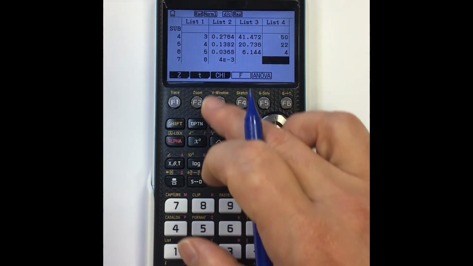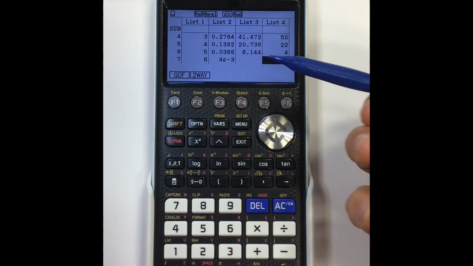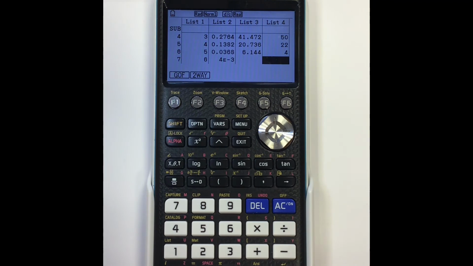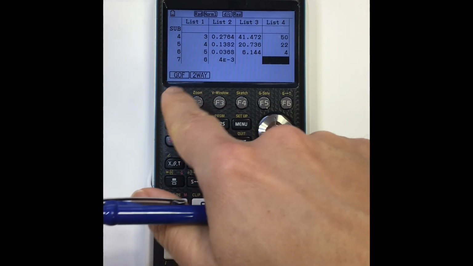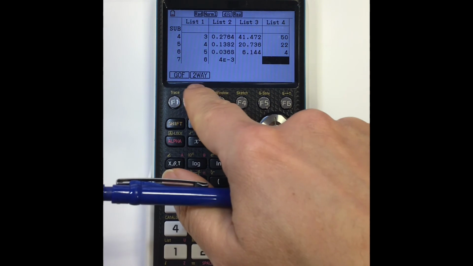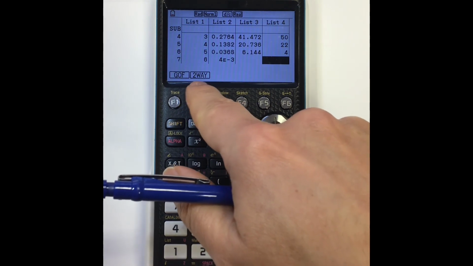Now we can go to the test statistic. Go to the test and the chi-square test. Again, you can write them down. List 3 is the expected values, and the observed values are list 4. Write it down on a piece of paper. This is a goodness of fit test. We are not looking for whether there is any relationship, dependent or independent.